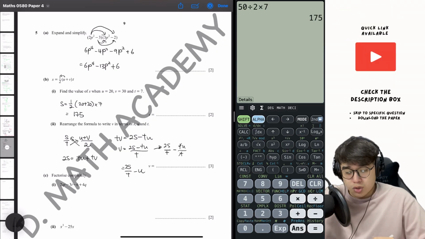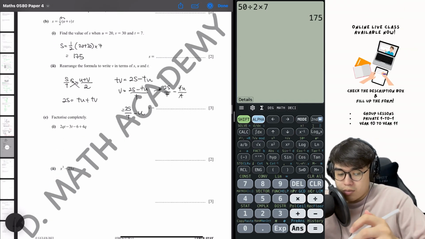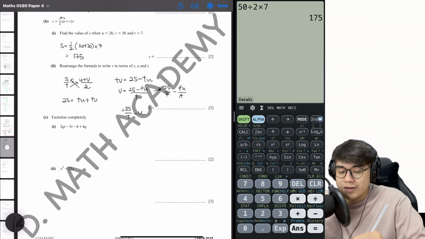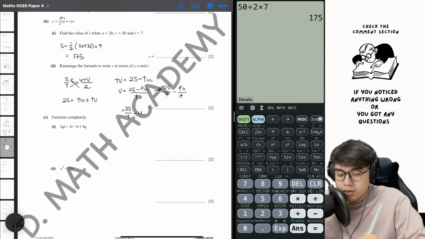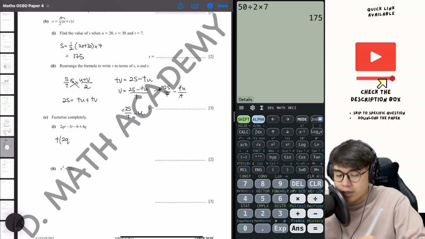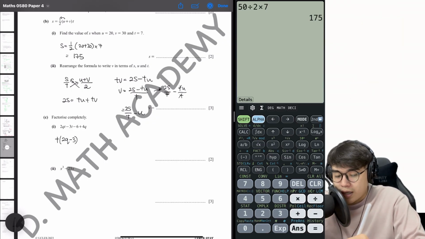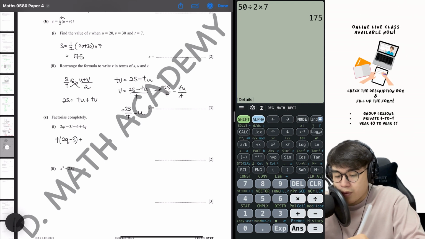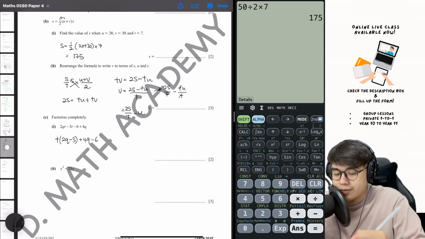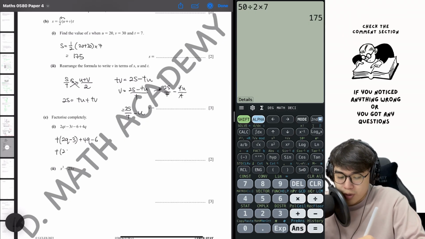Okay, so still okay, not too hard. Moving on to the next part, their favorite factorize question. The first group from the front, the first two of them, I think I will take out t. Meanwhile, at the back, I will rearrange it as 4q minus 6 first, because we have q at the front. So t(2q minus 3).